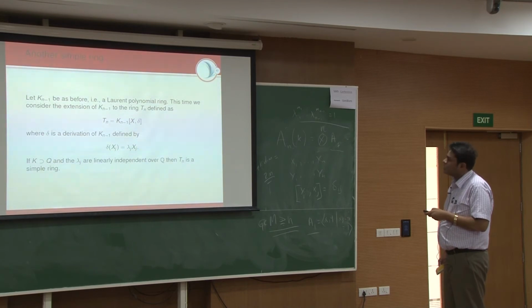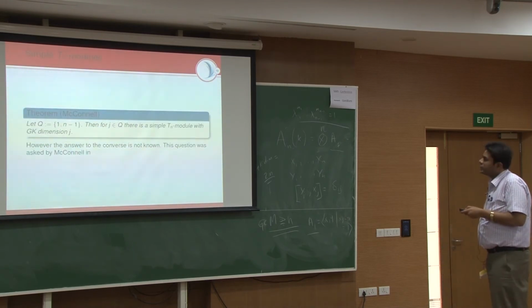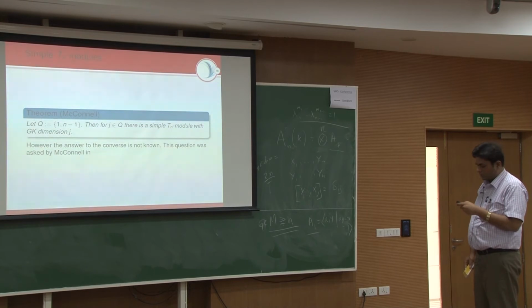And that question, we recently showed that this is not possible. There is no simple module having GK dimension between 1 and n minus 1.